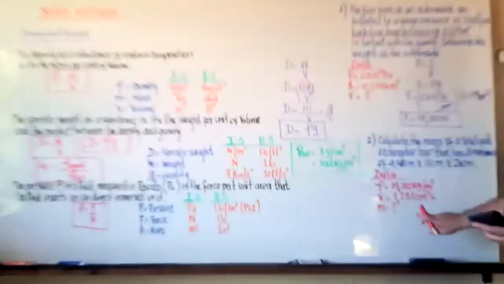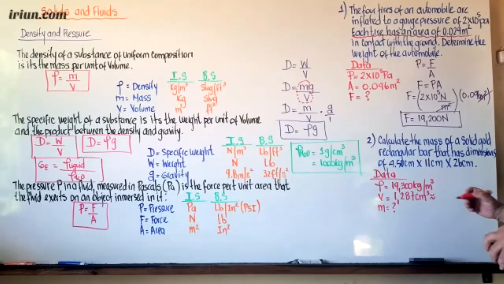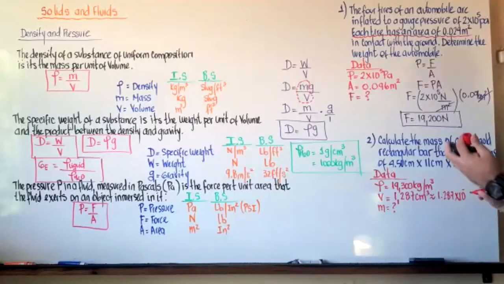So this quantity divided by 1 times 10 to the 6th power, and the answer will be 1.287 times 10 to the negative 3rd power cubic meters.